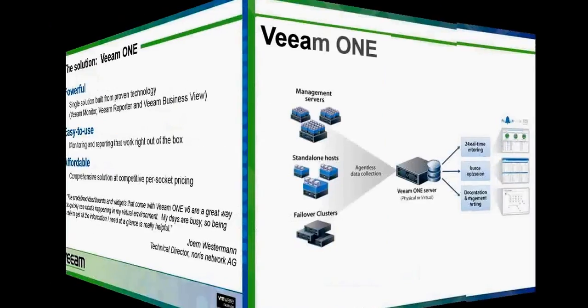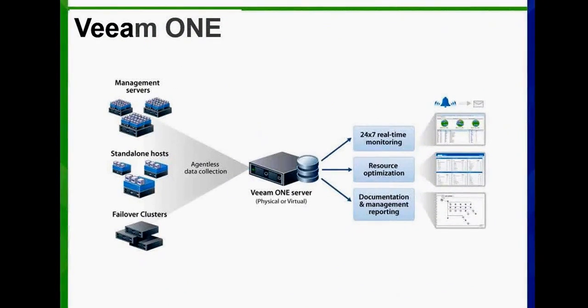Moving forward, this is how Veeam ONE would look. Veeam ONE can be installed on a physical machine or a virtual machine running Windows OS, probably a Windows Server family.